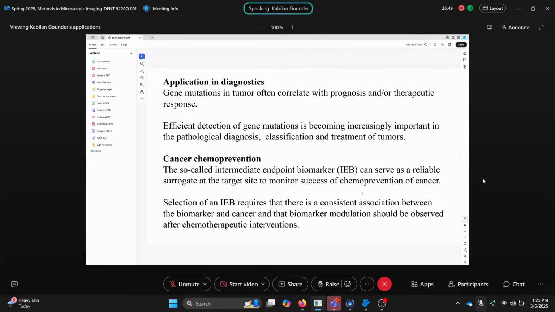So what are all the applications? Gene mutations in tumors often correlate with the prognosis and the therapeutic response. Particularly with cancer cells, we want to study how the gene mutation or single nucleotide polymorphism develops the tumor. Also, we can understand further the prognosis and the therapeutic responses.